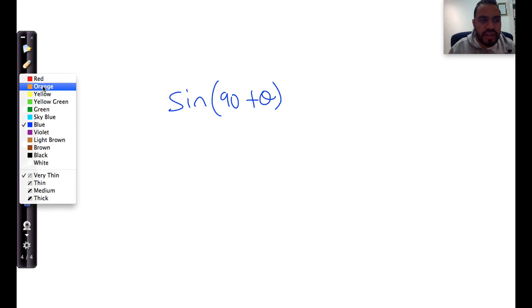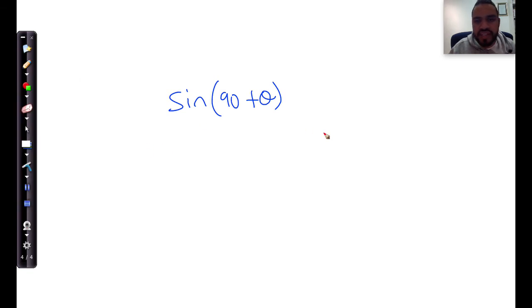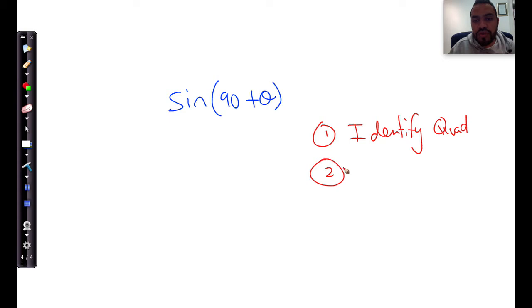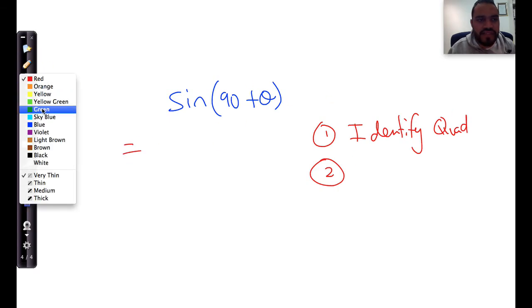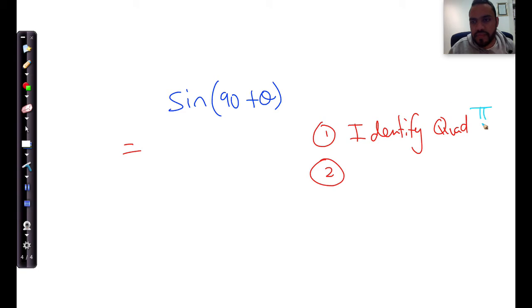Rule number 1 is to identify the quadrant. Rule number 2 is to apply the coratio, using the sign of the original. So 90 plus theta is in the second quadrant, and sine in the second quadrant is positive.